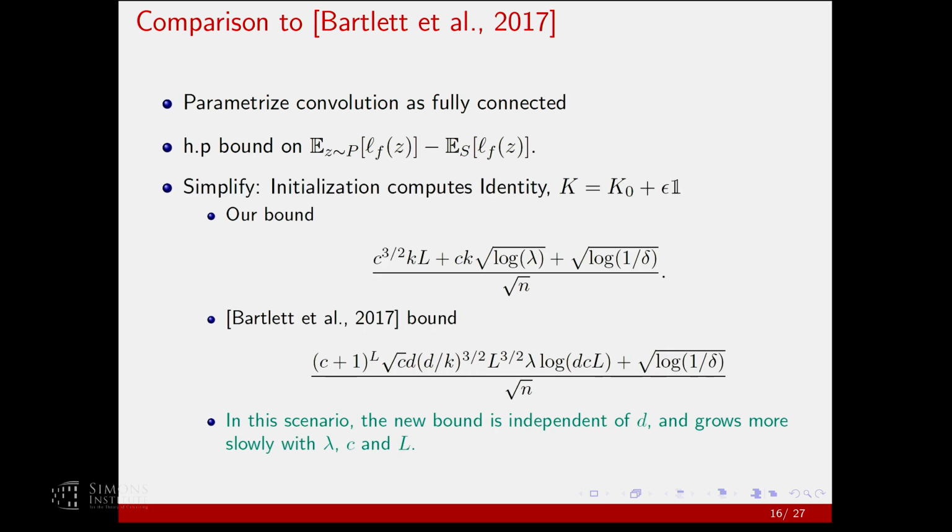Here I'm going to talk about a specific case where initialization computes identity, and for all the layers, the value of your kernel is the initial value plus epsilon added to all the entries. Then our bound simplifies to the line above, and Bartlett et al. 2017 is the lower line. You can see that in this scenario, the new bound is independent of D, which is what we promised initially. It also grows more slowly with lambda, number of channels, and depth.